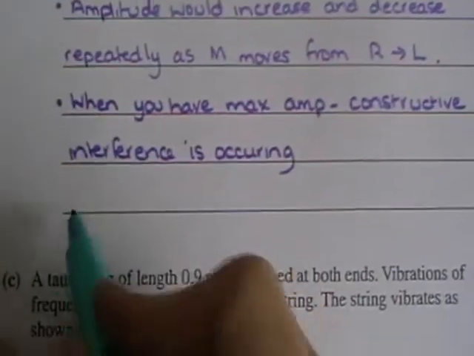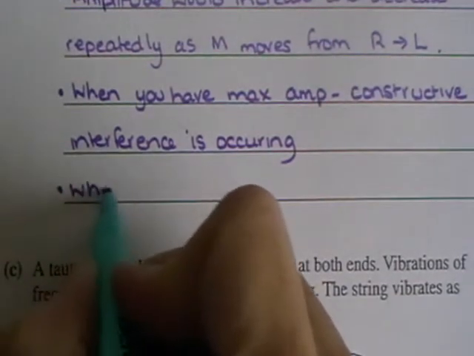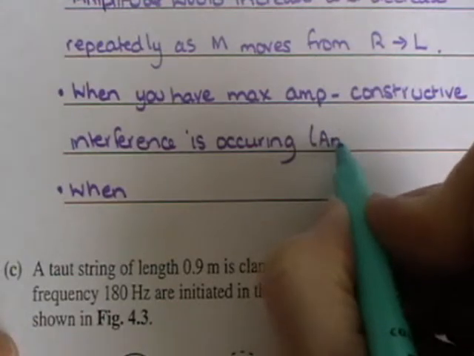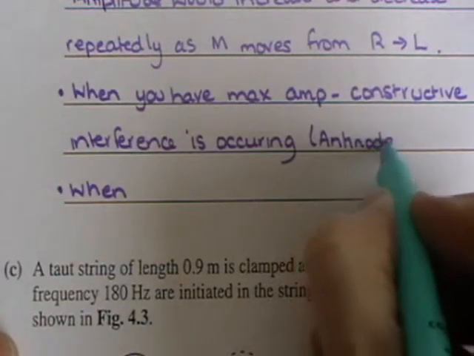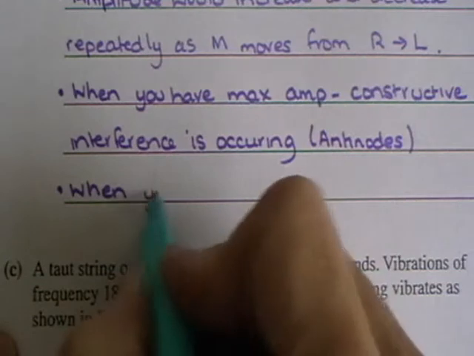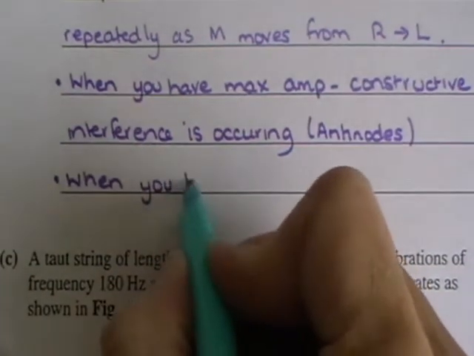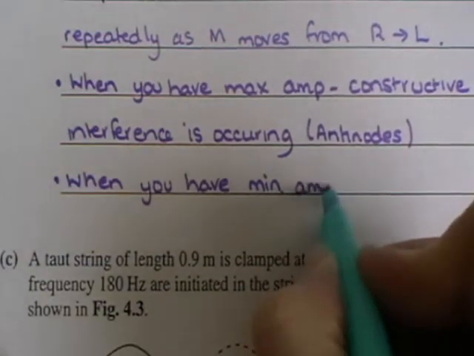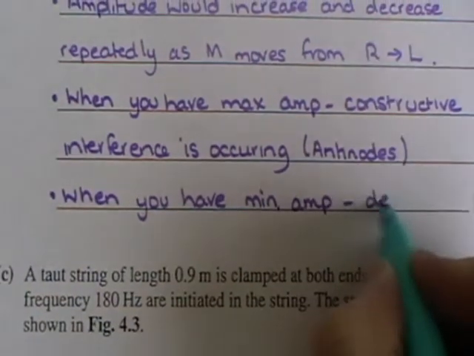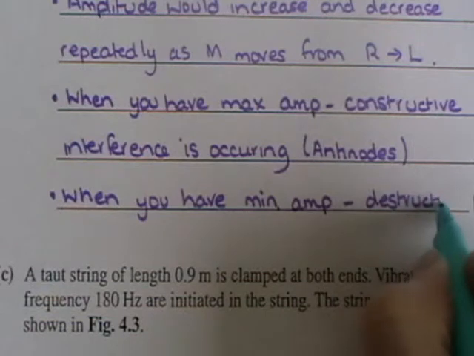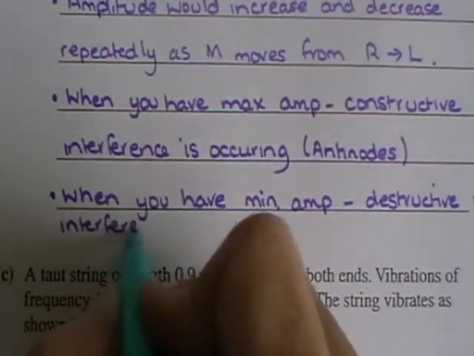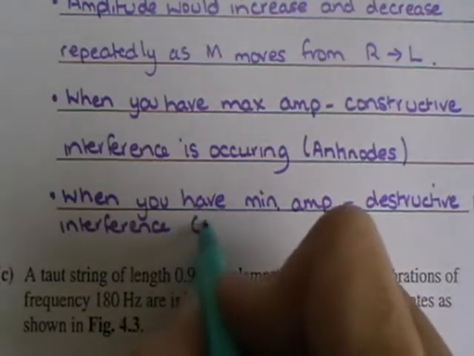So when you have maximum amplitude, you get antinodes there, I should have written. And when you have minimum amplitudes, you're getting destructive interference. And you're getting nodes.